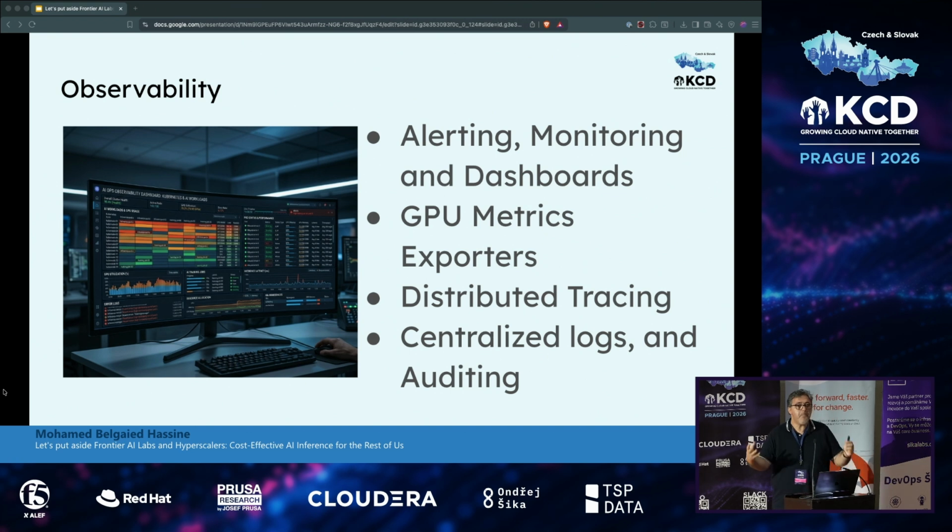So these can be plugged into the existing monitoring solutions to expose the GPU metrics. And then you have distributed tracing to analyze each individual request. Which path did it take in your infrastructure, and maybe do some troubleshooting on top of it. What is already the case for web services and stuff. And naturally, you have centralized logs and audit.